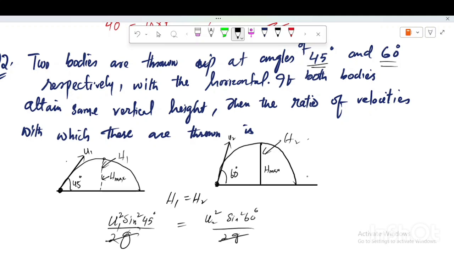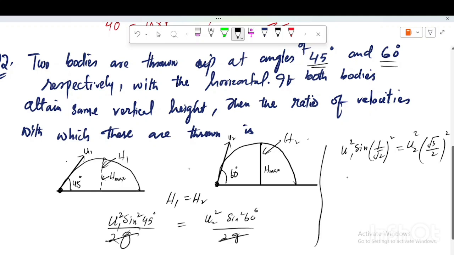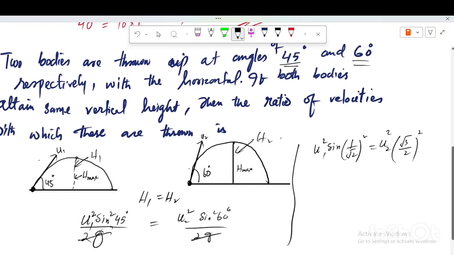So we have u1 square sine square 45 degree, that's equal to 1 upon root 2, whole square, because this is squared, equal to u2 square sine square 60 degree, and sine 60 degrees is root 3 by 2, squared. You can now calculate it very easily.